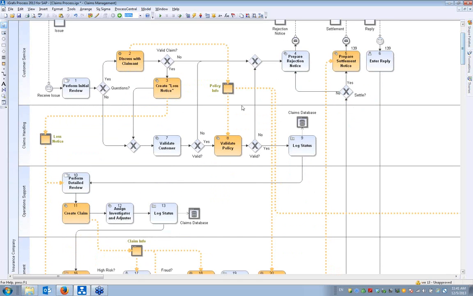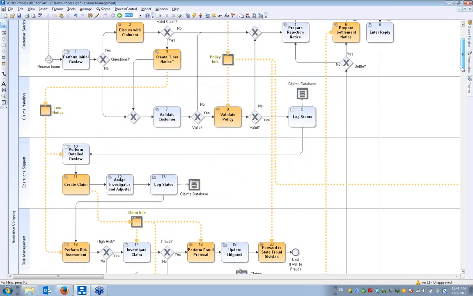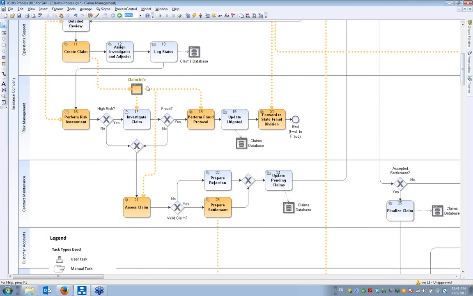Earlier I talked about the information flows highlighted with the orange lines. Well, these are the activities here that I'm highlighting that focus on the super utilizers. Now notice there's a sequence flow between risk management and contract maintenance, but right now there's no information flow between those two departments.